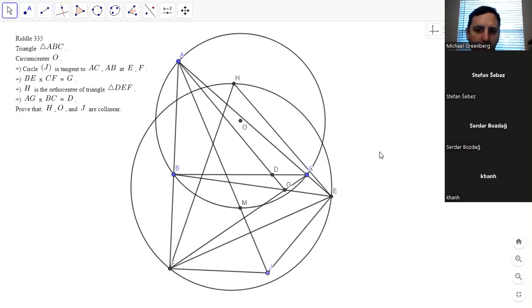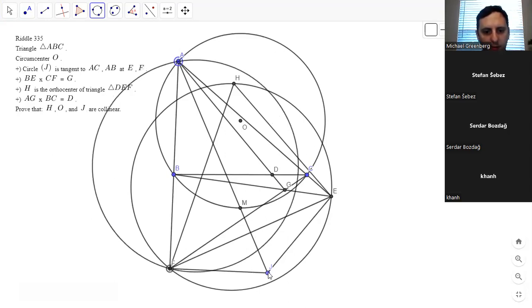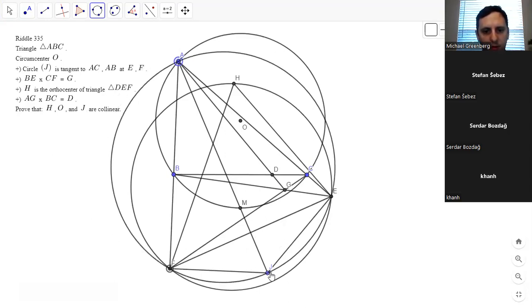Or maybe we could somehow use Meckel's points or Meckel's theorem. So AFJE is cyclic. I feel like I'd like to use that if possible. Not only is it cyclic, it's harmonic.